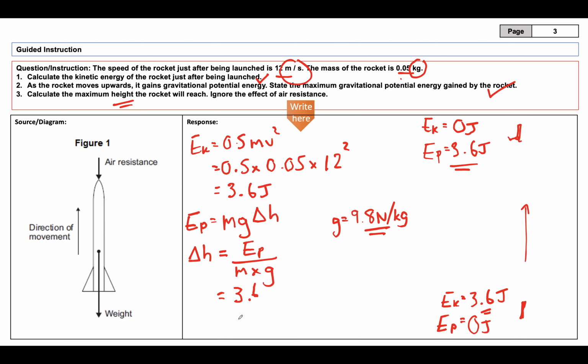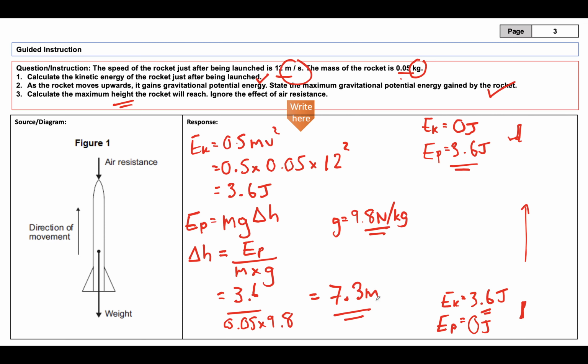So that's 3.6 divided by mass, which was 0.05, multiplied by gravity, which was 9.8. So I'm going to pop that into my calculator. And that gives me the answer of 7.34 meters. So I'm just going to round that to 7.3 meters.